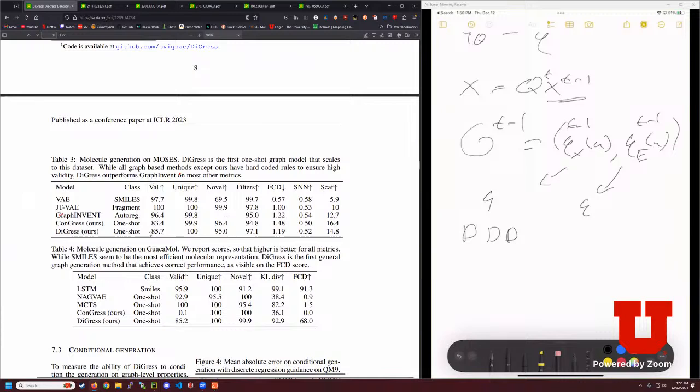For instance, they compare based on how often they generate a valid molecule, and how unique the model is based on their overall generation. And then they have several more metrics that I don't fully know. By valid, what do they mean by valid molecule? There's a chance that they could generate a non-realistic molecule.